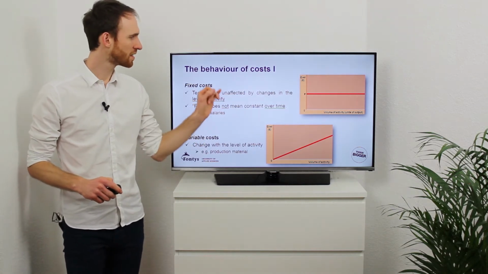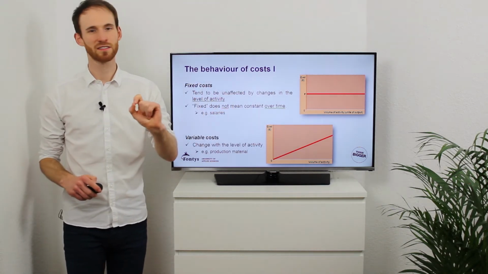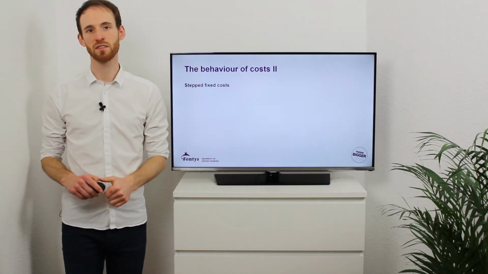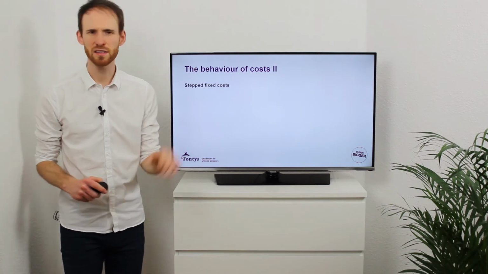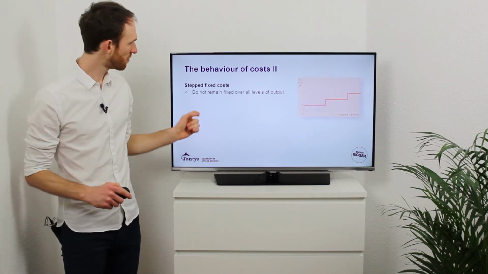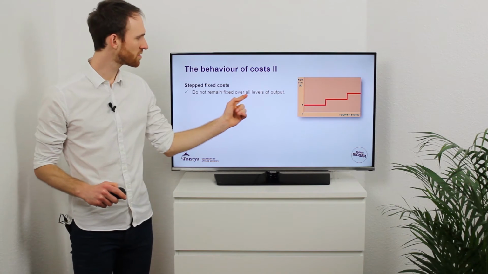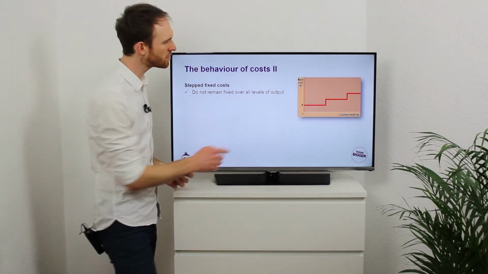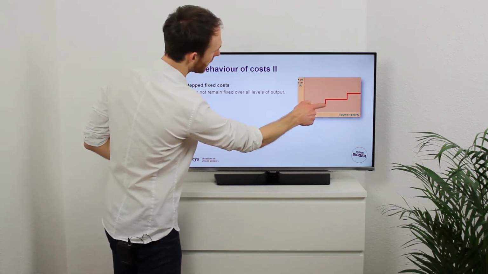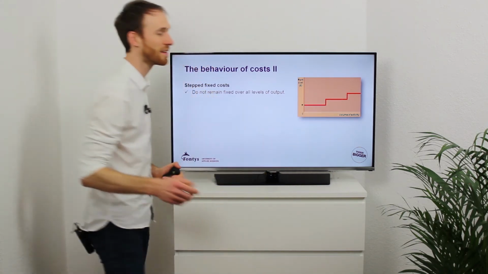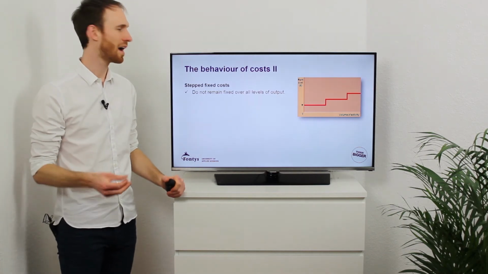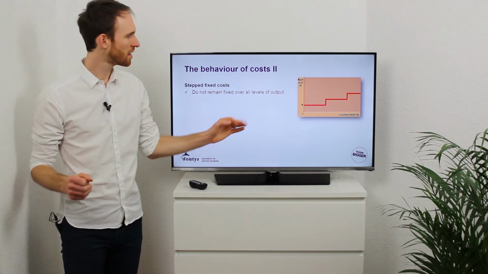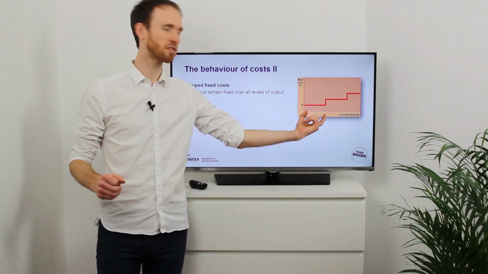Let's now look at these two, but in other contexts. There are stepped fixed costs. It's the same as fixed costs, but there is a step in them. They do not remain fixed over all levels of output, but there is a step at a certain moment. How could that happen? Let's say we produce smartphones, and here are the first 500 units we produce.